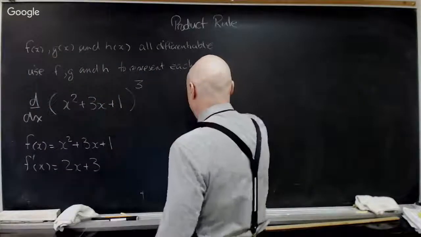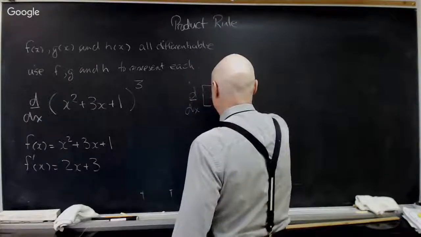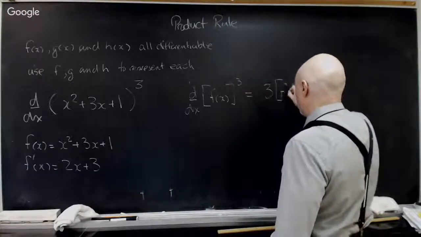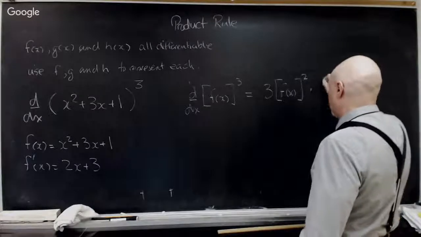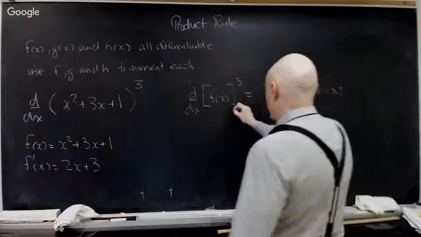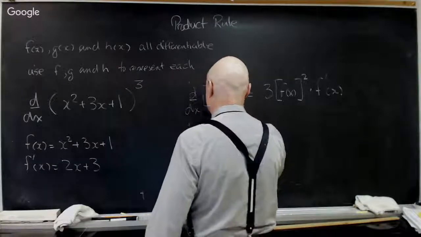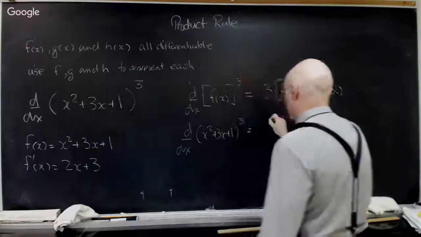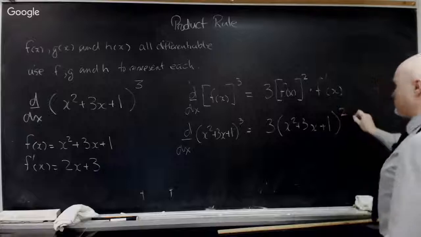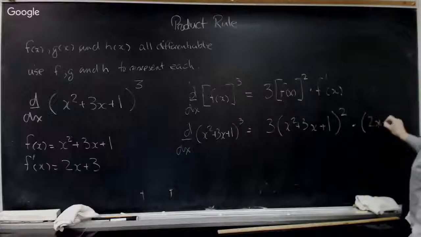Just remembering that the derivative of f at x cubed is equal to 3 times f at x squared times the derivative of f at x. That was just my power rule from before. This means the derivative of x squared plus 3x plus 1 cubed is 3 times x squared plus 3x plus 1 squared, and then times the derivative of f at x, which is 2x plus 3.